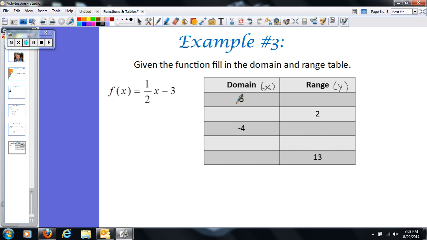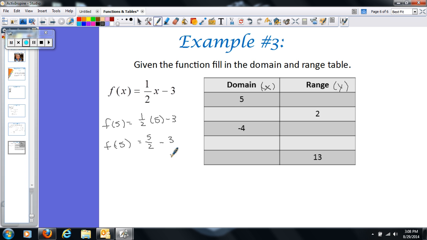So if I input 5 for x, I get 1/2 times 5 minus 3. 1/2 times 5 is going to be 5 over 2 minus 3.